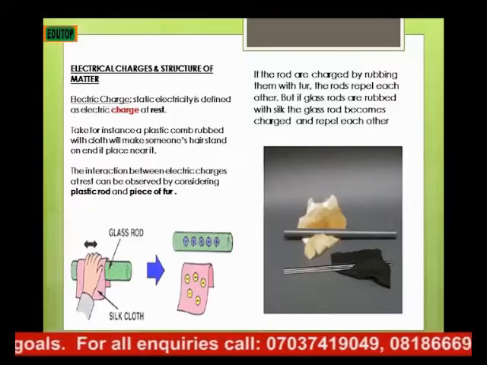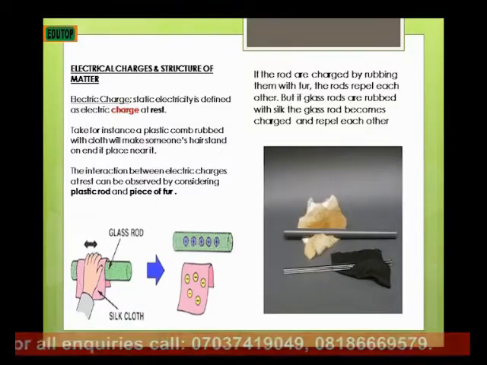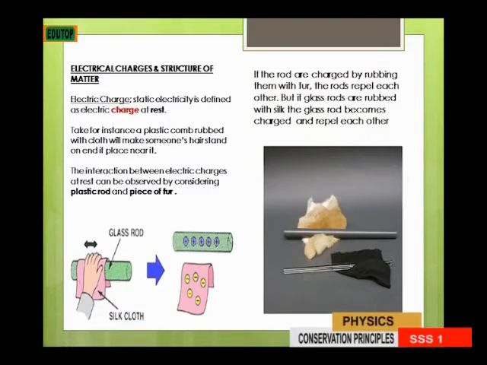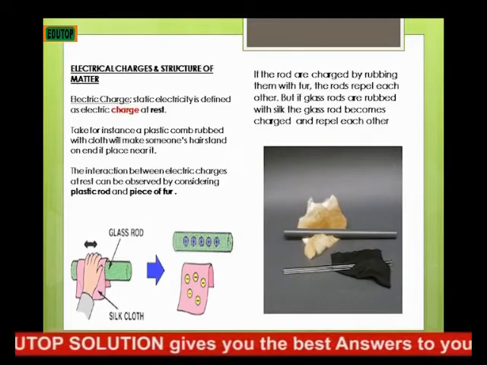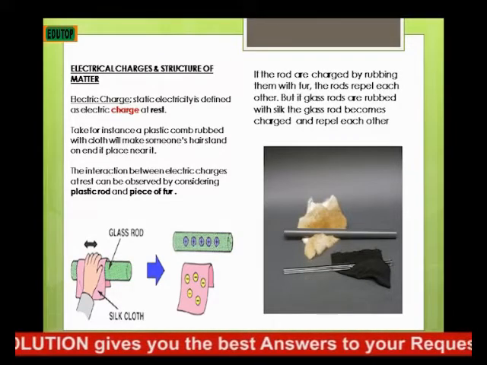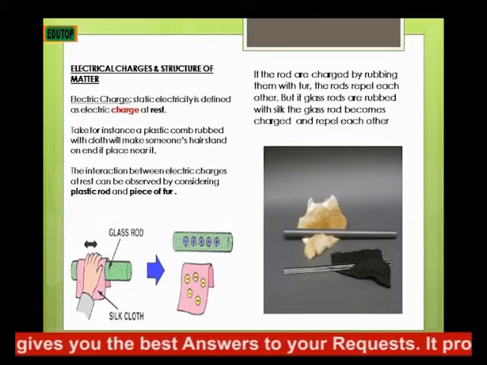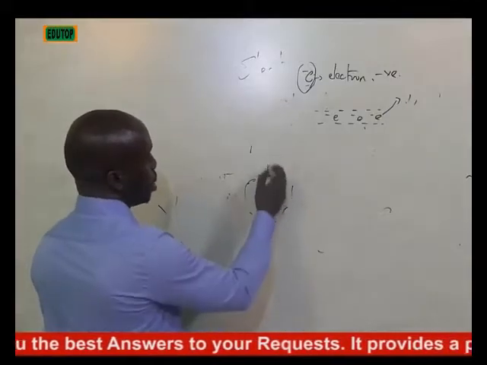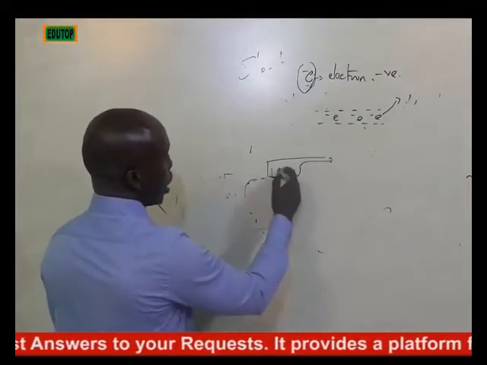Let's take for instance a plastic comb rubbed with a cloth, or someone's hair standing on end. If you bring a comb closer to human hair, what are the things that are experienced?